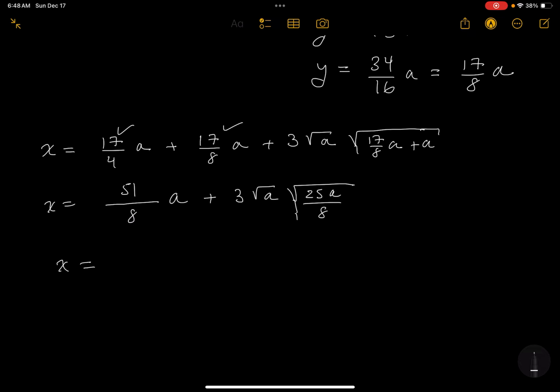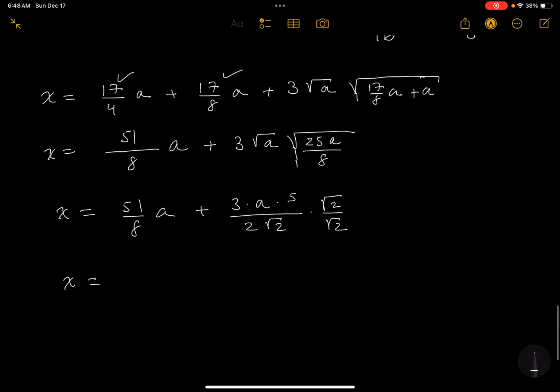X equals 51 eighths of an a plus, well, it's going to be 3. Root a times root a is a. And the root of 25 is 5. But on the bottom, I get 2 root 2's. I need to multiply top and bottom by root 2.